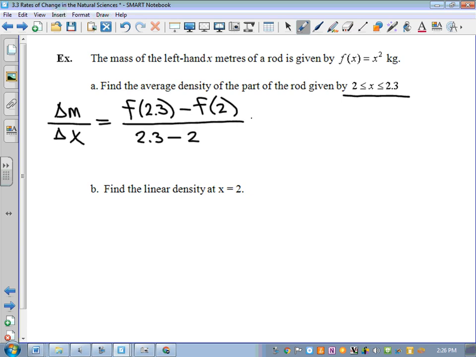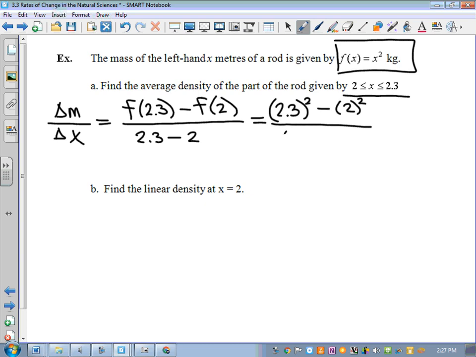The function evaluated at 2.3, I'm just going to write as 2.3 squared. This is the function up here that I'm using. And then I'm going to subtract that function evaluated at 2, over 2.3 minus 2. What that ends up giving me, and I'll round this, is 4.3. And again, that unit would be kilograms per meter. So that is the average density from 2 to 2.3 meters.